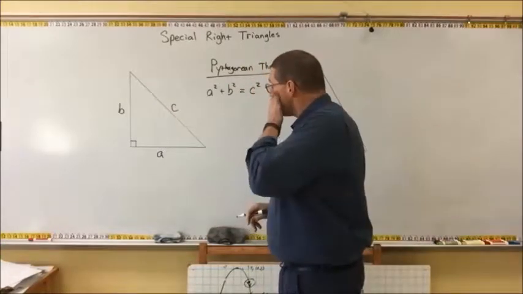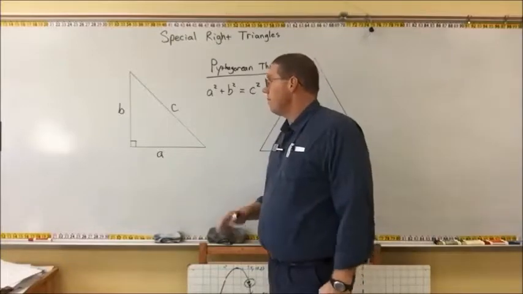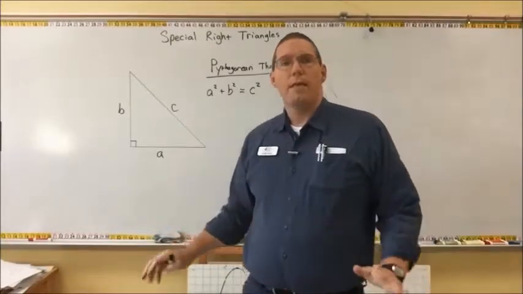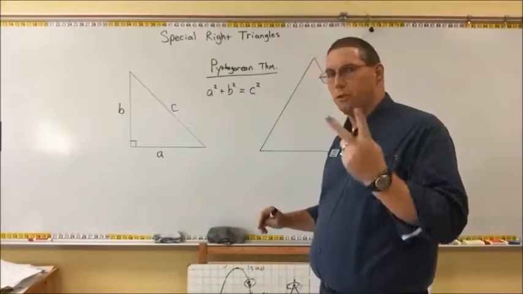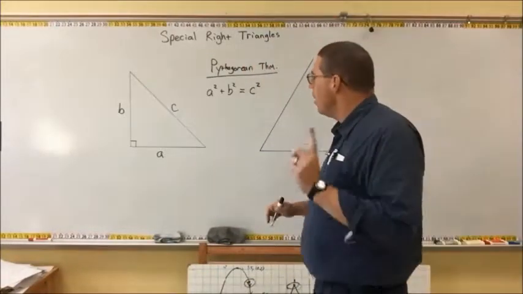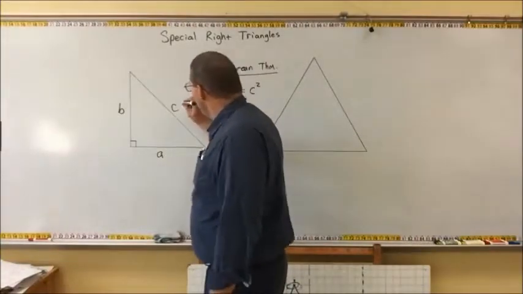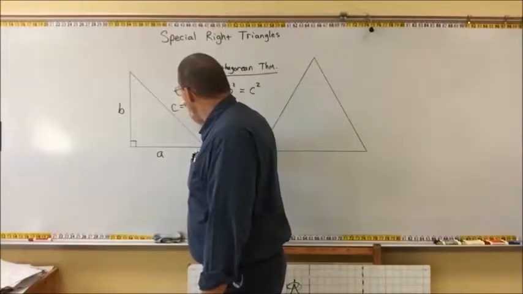Now, here's what we're going to say about this special right triangle. There are two things that are special about it. The first one is that the hypotenuse is automatically equal to 1.